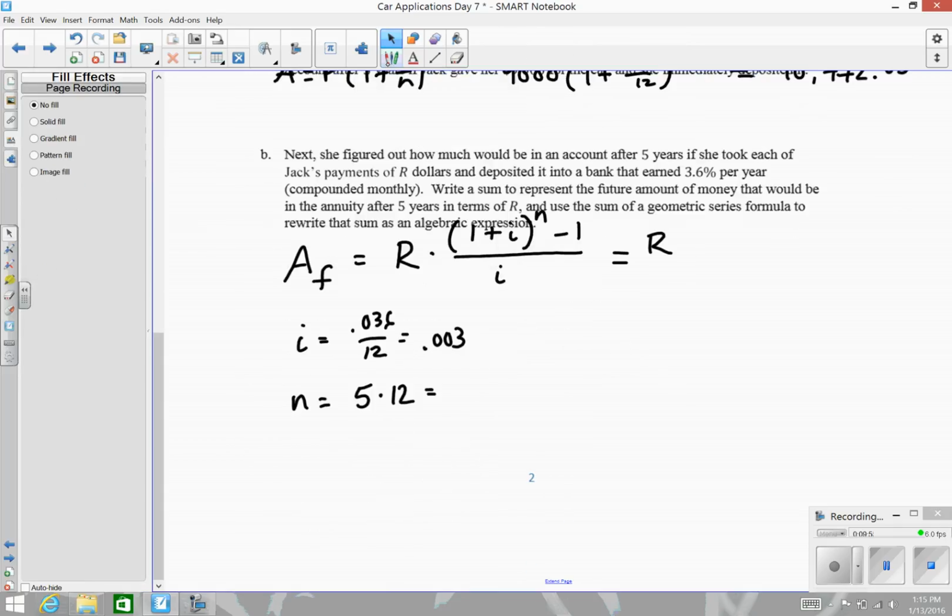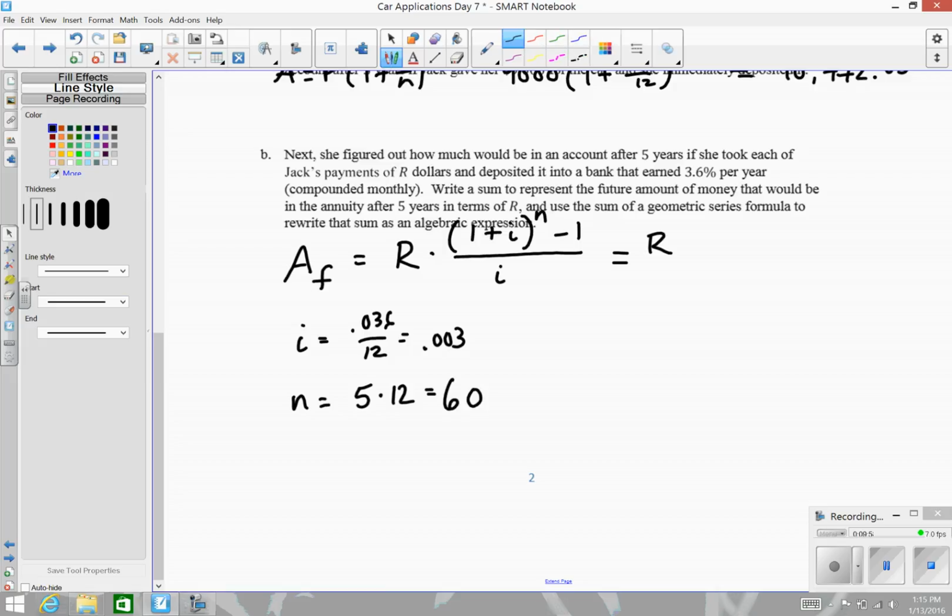Alright, so I'm substituting these numbers in and leaving R, so I have my answer in terms of R. This is going to be R times 1 plus I, which would be 1.003, all to the n power, which is 60, minus 1, over 0.003. So if I take all that and multiply it by R, that should equal how much I want to have in the bank.